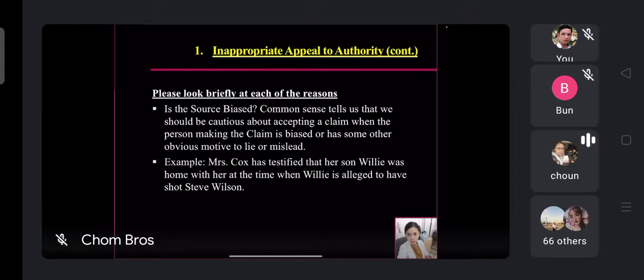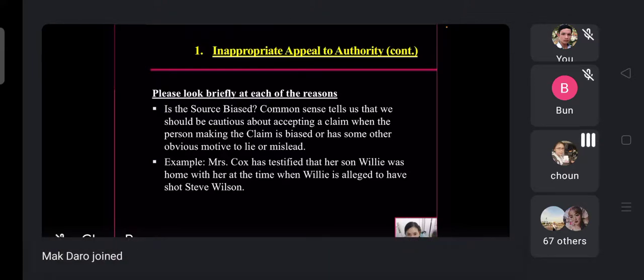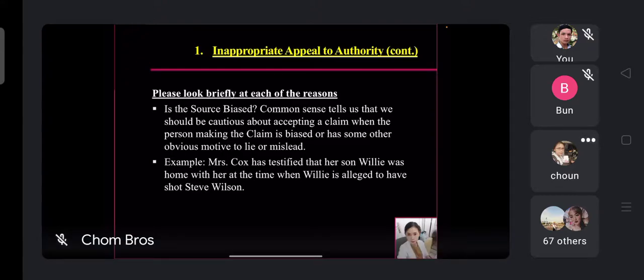Example, related to point number 2. Mrs. Cox has testified that her son Wallace was home with her at the time when Wallace is alleged to have stabbed a person, even though Wallace's fingerprints were found on the murder weapon, and six witnesses have identified Wallace as the assailant.